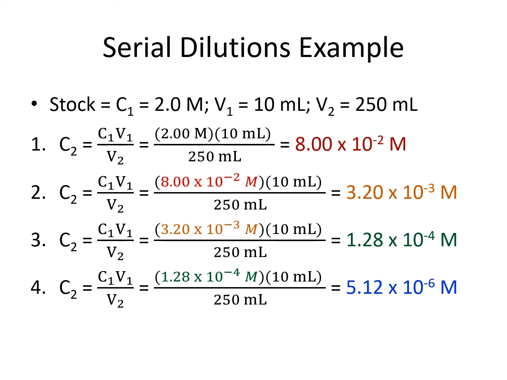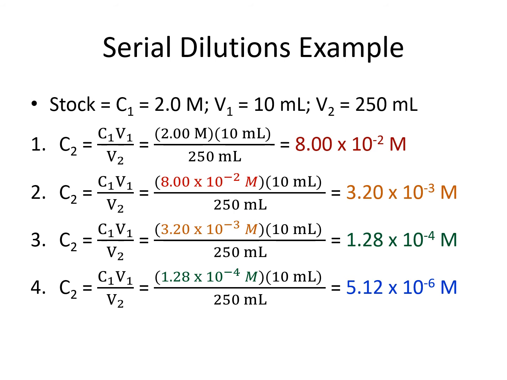We're using our equation C1V1 equals C2V2, but again, we're going to rearrange it to solve for the variable that we need. In this case, the variable we need is the concentration of each new solution, C2.